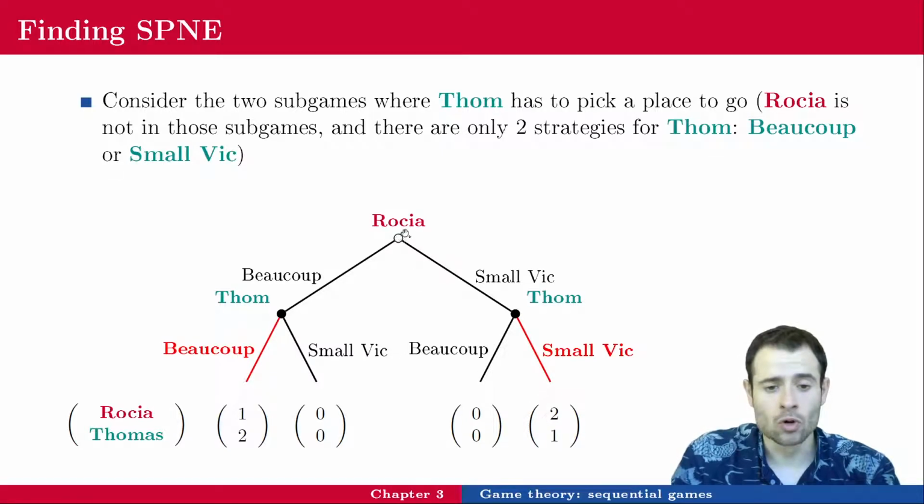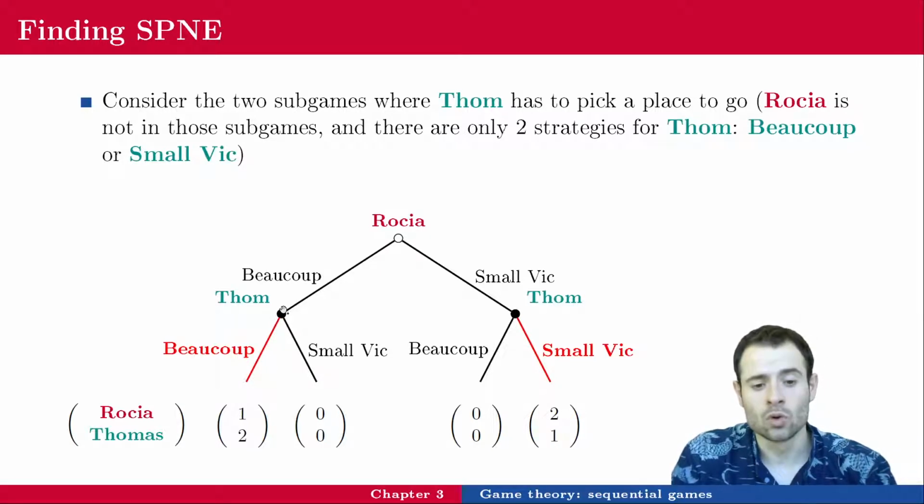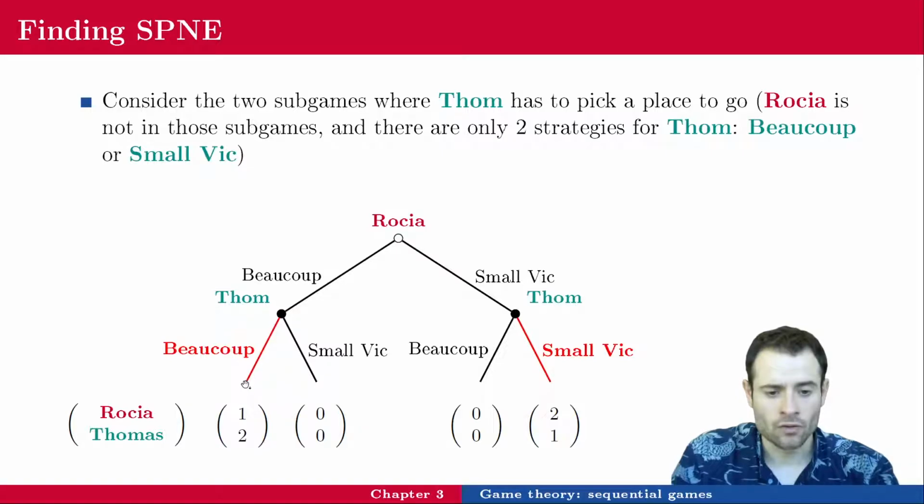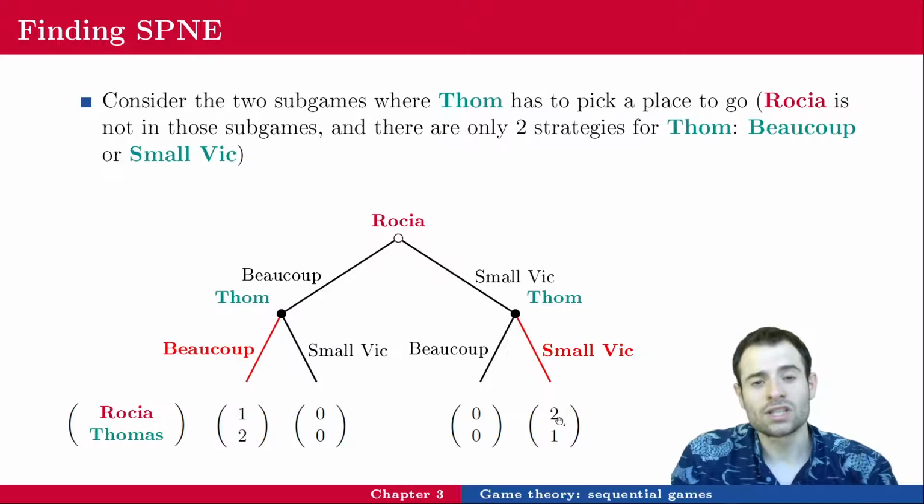If she goes to beaucoup, Tom's best response will be to go to beaucoup, and she will get a payoff of 1. So now she has to decide between going to beaucoup and ending up at the bottom of the red line and getting a payoff of 1, or going to small victory, ending up down there and getting a payoff of 2. What will she pick? She will pick small victory.